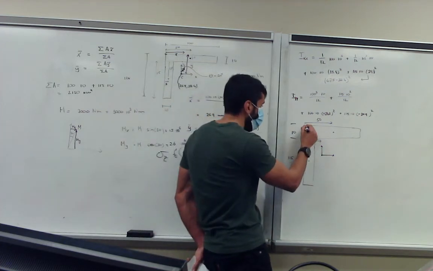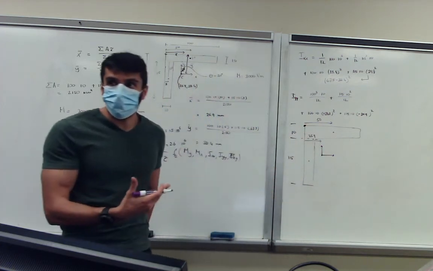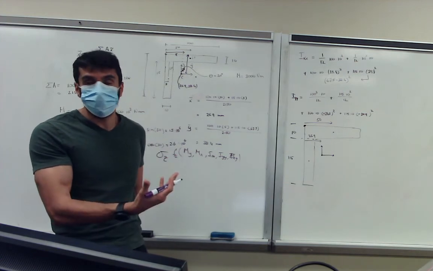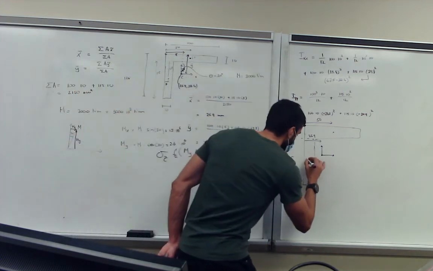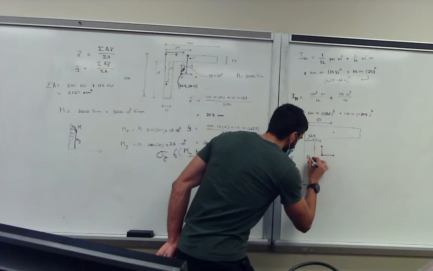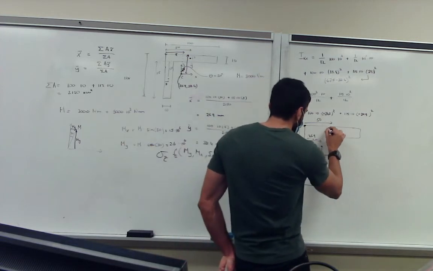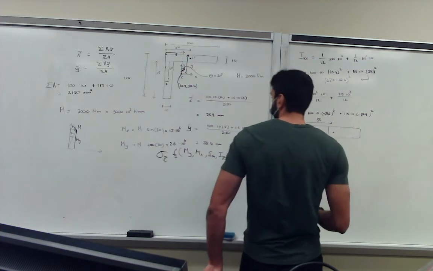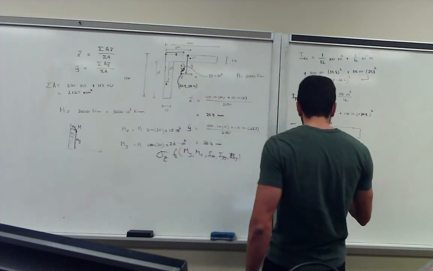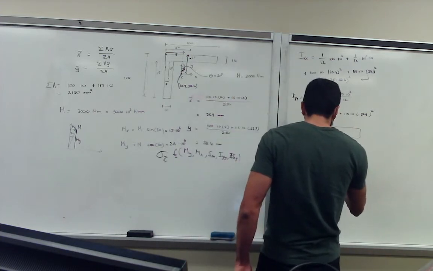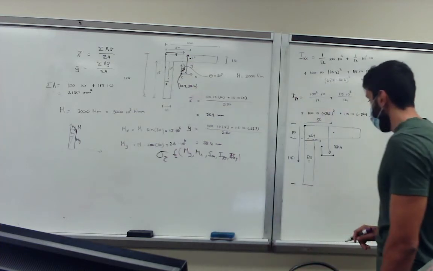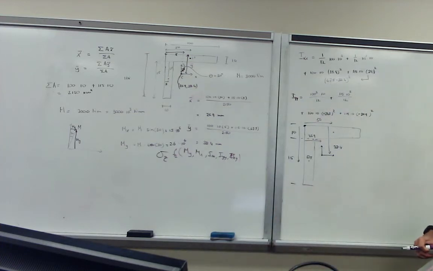But with respect to our reference axis, where we calculate our centroid, we have to add that 10 to it. So this reference axis becomes 67.5 from the top. And we know that this axis from the top was 38.4. So 67.5 minus 38.4.